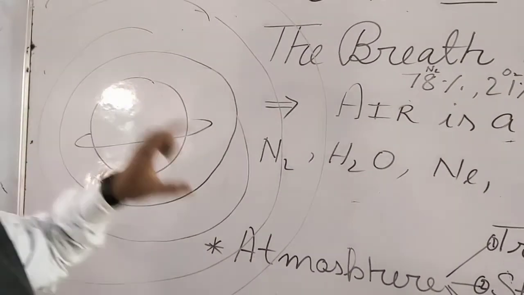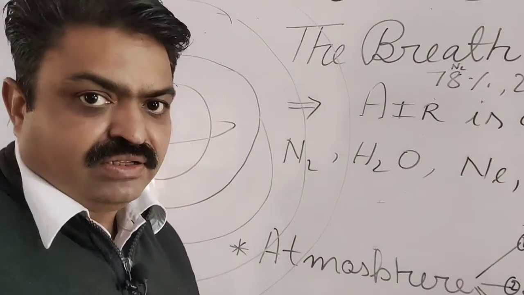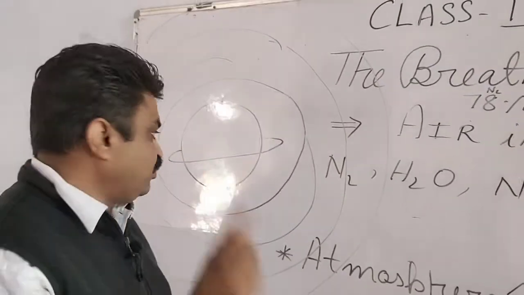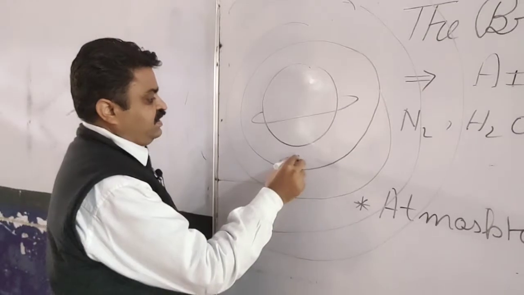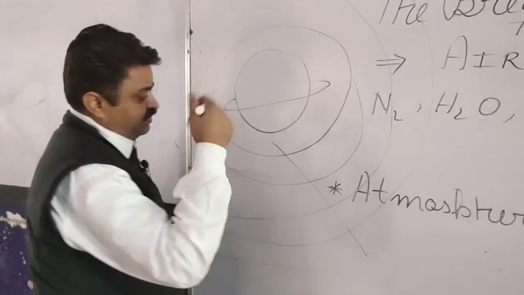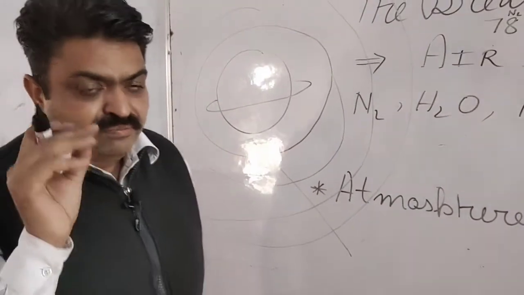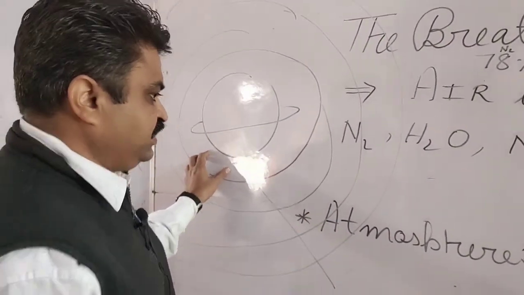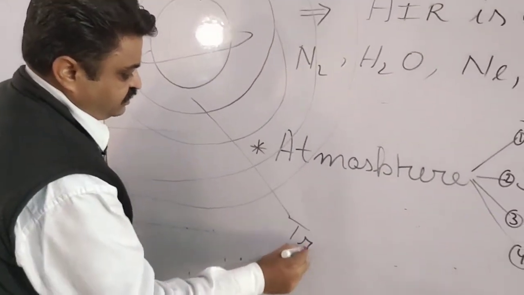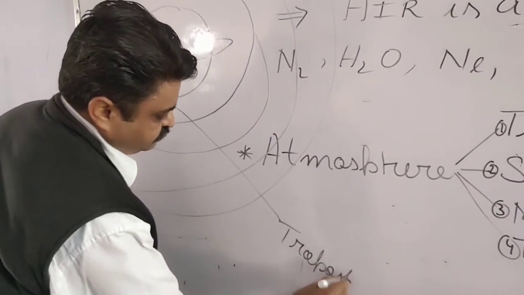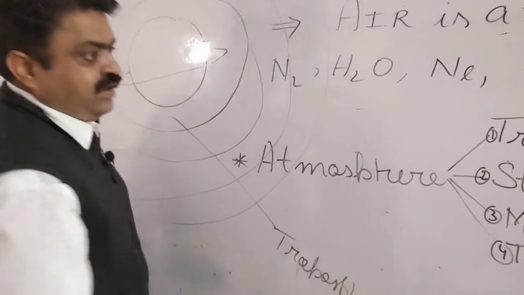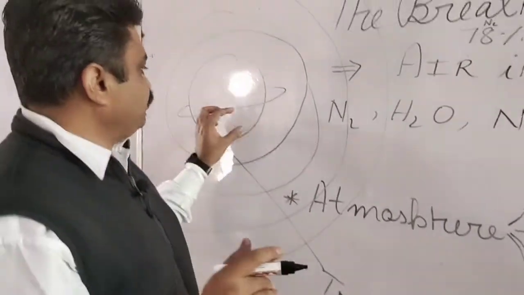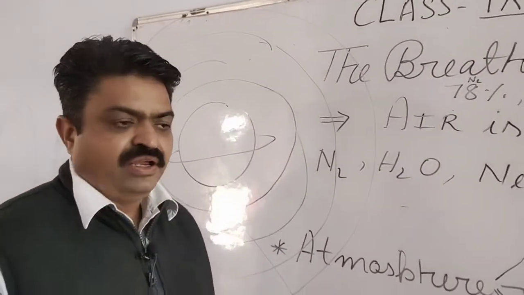The first layer, found nearest to the earth, is the most important layer, from which living beings get the important gases. This layer is known as the troposphere. First is troposphere, and it extends from 8 to 16 kilometer.